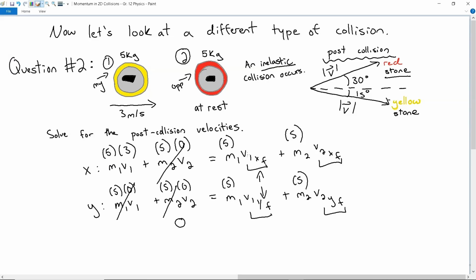So if I compare v1xf to v1yf, those are not the same. We're talking about 2 different dimensions. What I need to do is try to make these 2 equations share common variables. And the way I can do that is by representing the x velocity with respect to the overall velocity.